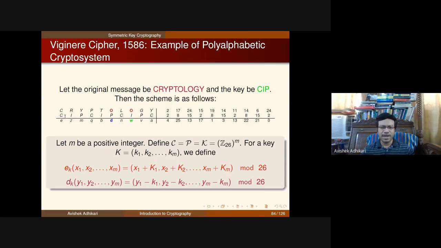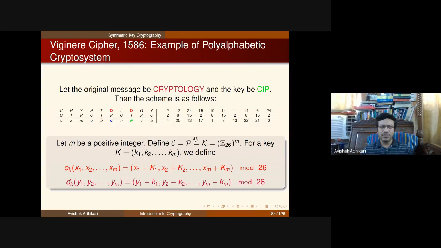If you vary this, then suppose you are the sender, how will the receiver know what would be the length of your ciphertext or key? So at the very beginning, according to Vigenere cipher, they have already fixed this value m.